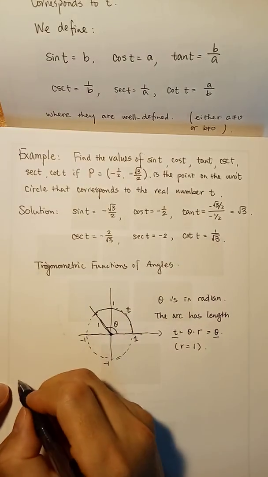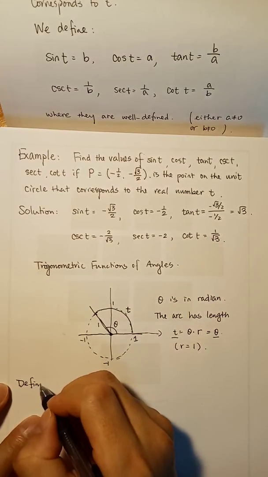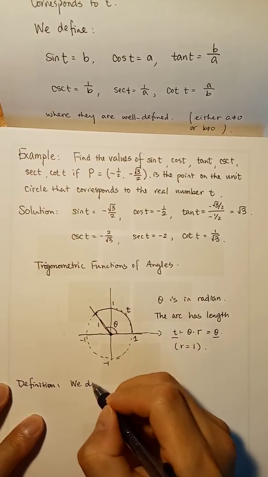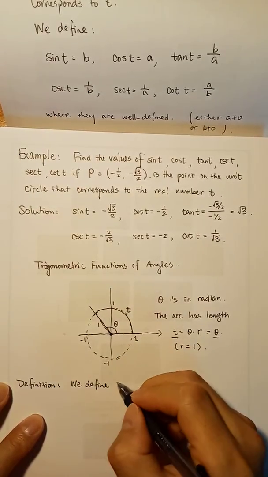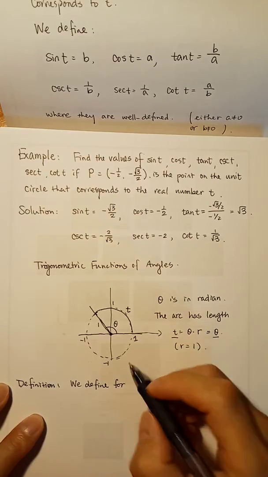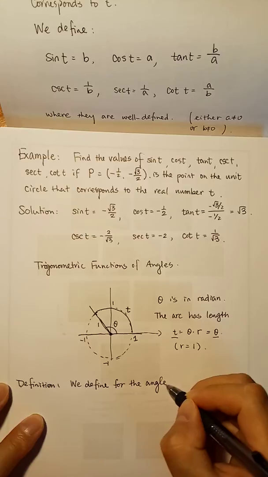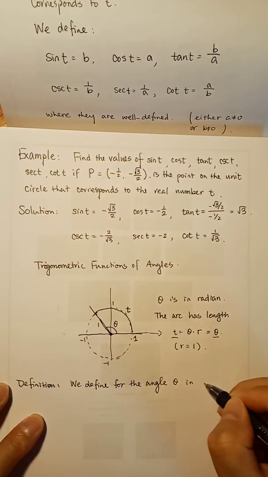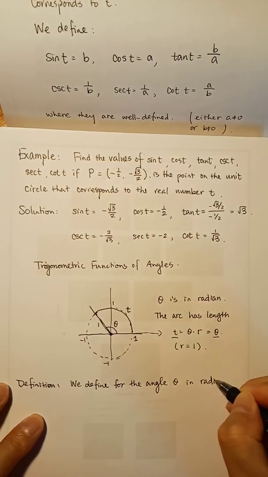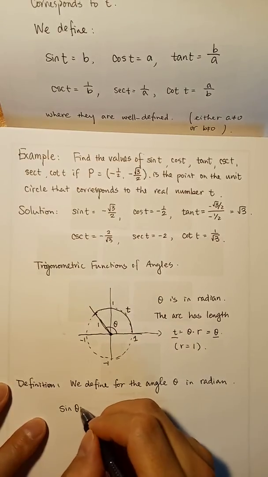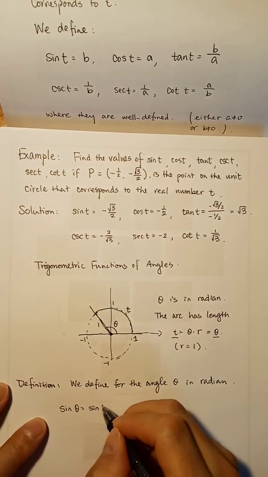Then we have our definition. We define, for the angle theta in radians, the sine of theta to be the sine of t.